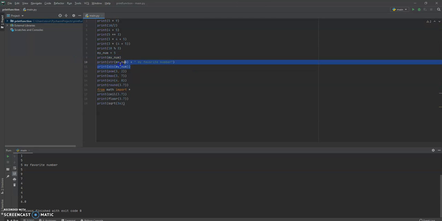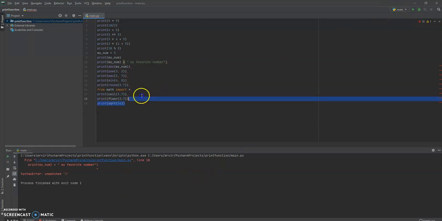Now over here, what I did was, I did print string my num, because my num is a string, right? If I do this, guess what? It would have like 10 errors. It just wouldn't work.